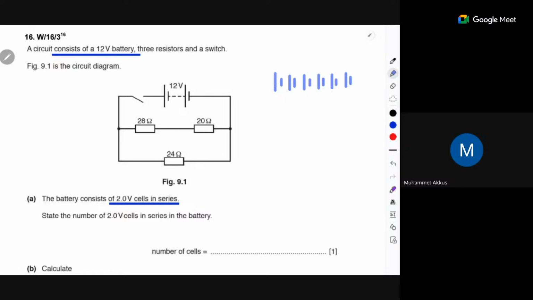If I just give you a clue, you will connect this one with this one, with this one, and this is basically the terminal of the battery.